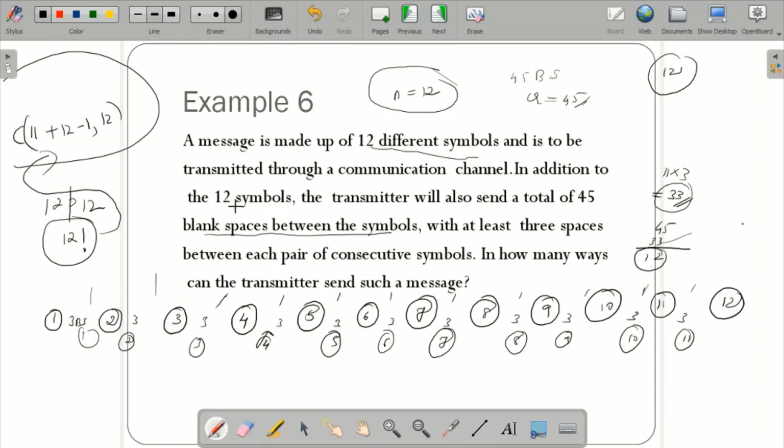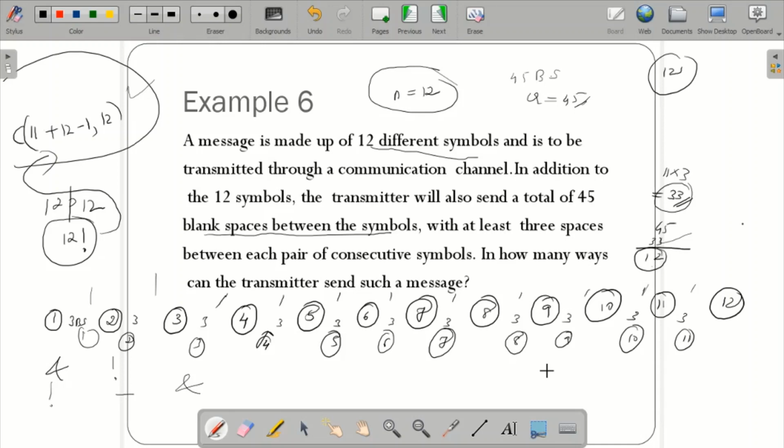So this is regarding the spaces, and this 12 factorial is how the different symbols can be arranged. For example, the first time it may be ampersand and then exclamation, and so on. Next time it might be exclamation, then ampersand, then something like minus. So these 12 symbols can be arranged in 12 factorial ways.